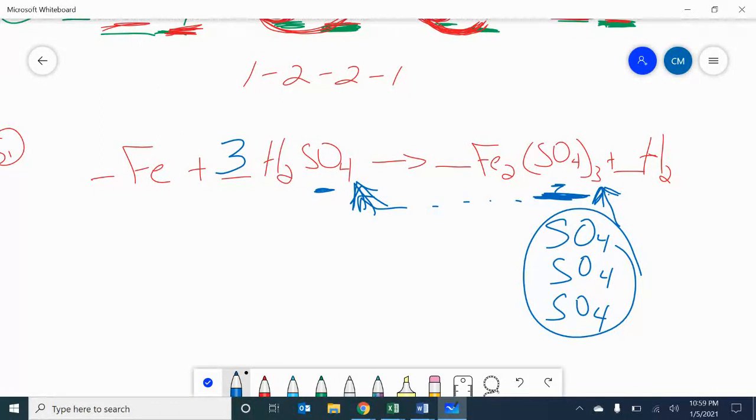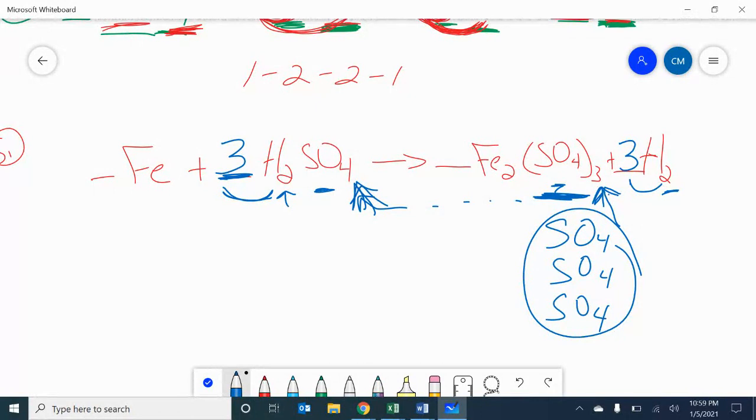So that's good. Now I just affected my hydrogens. I had 2, and I just tripled it. So 3 times 2 is 6. On the right-hand side, I have 2 hydrogens. Can I get 6? Yeah, kind of the same way I did on the left. Put a 3 there. 3 times 2 is 6.